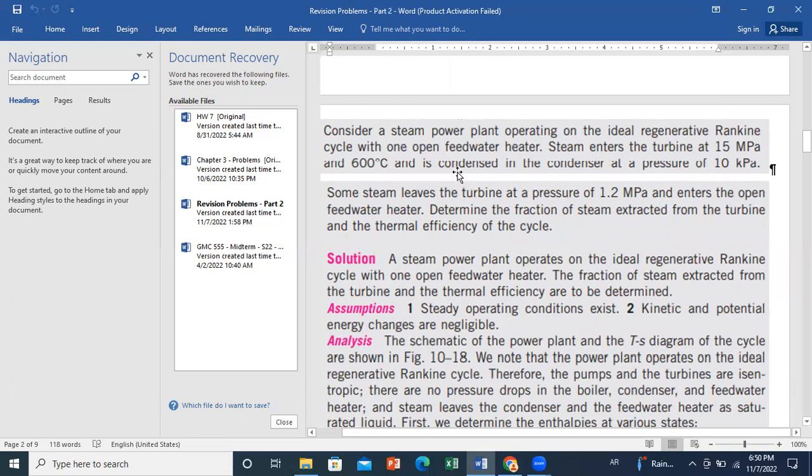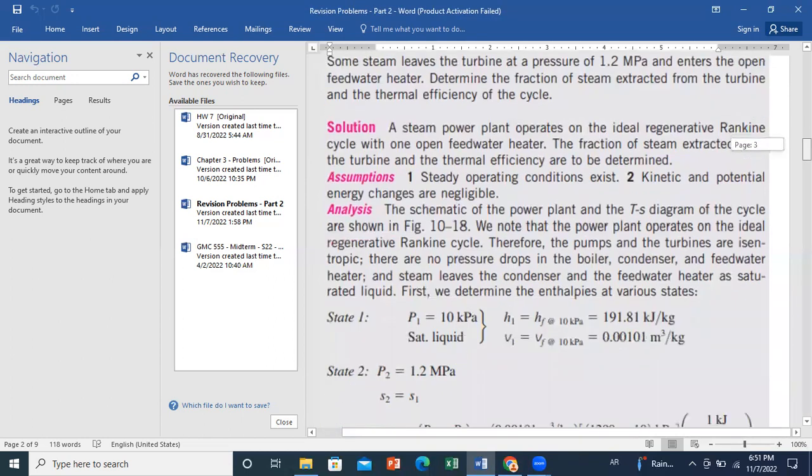And we know the inlet temperature at the turbine, which is the temperature exiting the boiler. As we mentioned, we need to determine H at the superheated point. Now, having all of these, we'll proceed step by step.